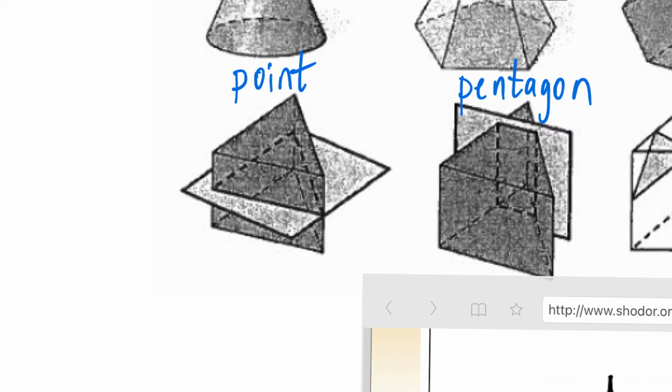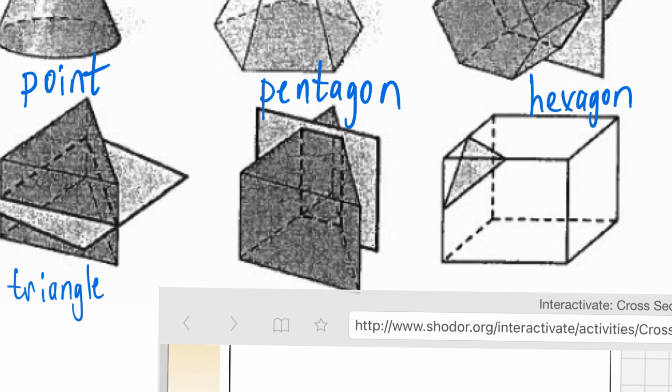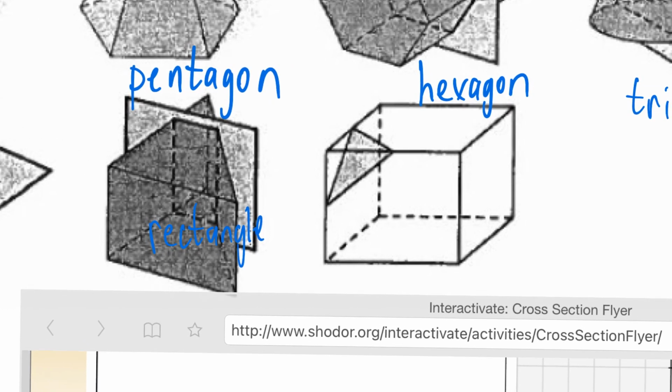On this one? Triangle also. This is a triangular prism. What's the cross section on this triangular prism? A rectangle. Oh, that didn't show up at all. We're not very good. And then on this one, triangle. Okay, good. That is a triangle on that one.